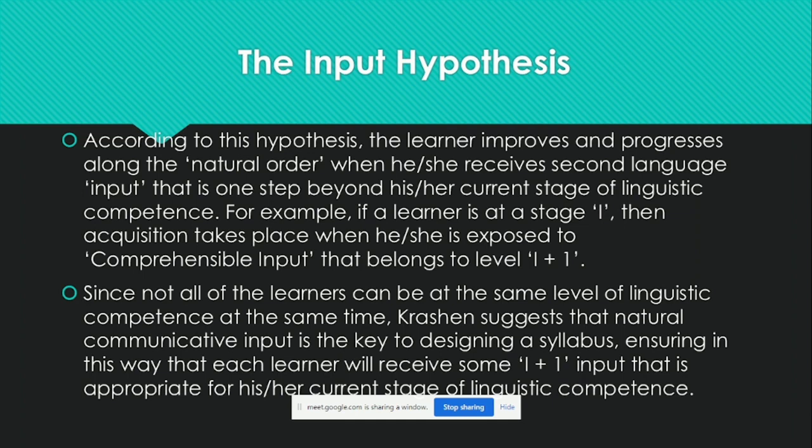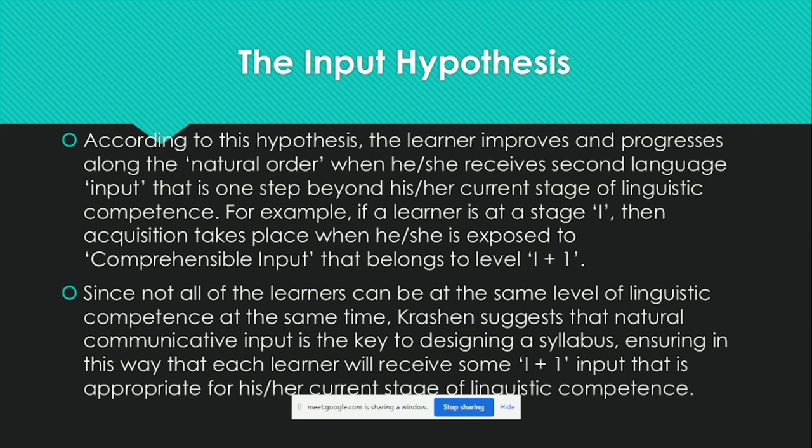For example, if a learner is at stage i, then acquisition takes place when he or she is exposed to comprehensible input that belongs to the level i plus 1.